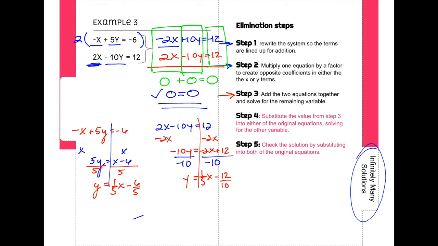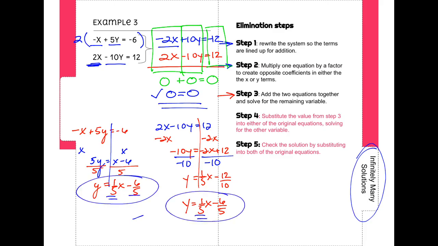If I were to simplify that, I would have y equals 1/5 x minus 6/5. So comparing these two lines, I have the same slope, 1/5, and I have the same y-intercept, negative 6/5. So this is in fact the same line, lying right on top of itself. They share infinitely many solutions.